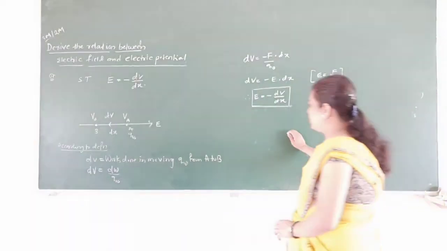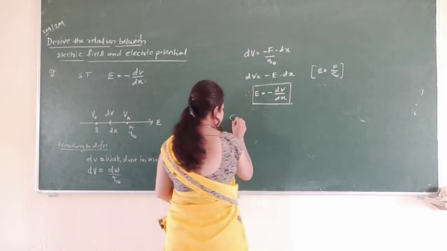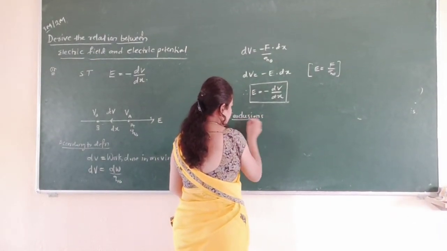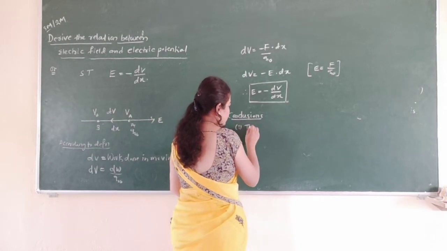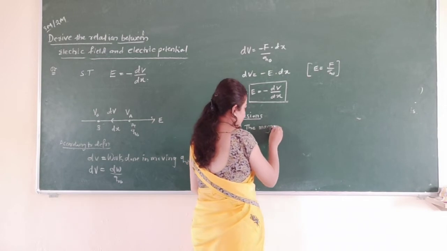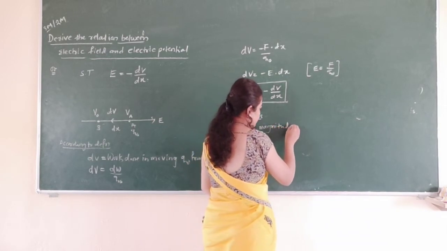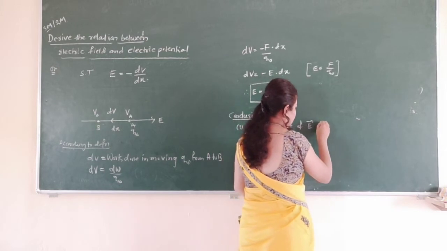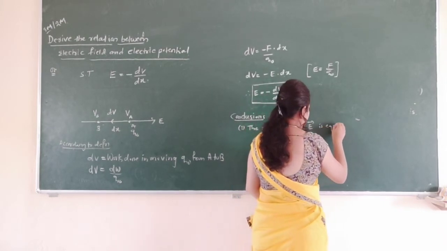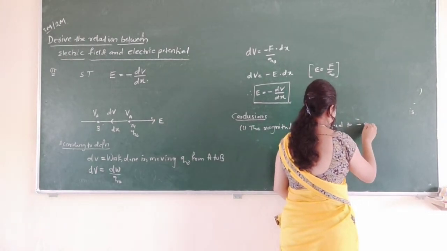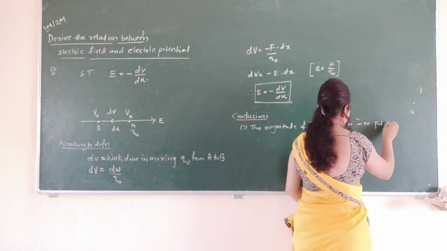So here two conclusions we will write now. First one, the magnitude of electric field is equal to negative potential gradient.